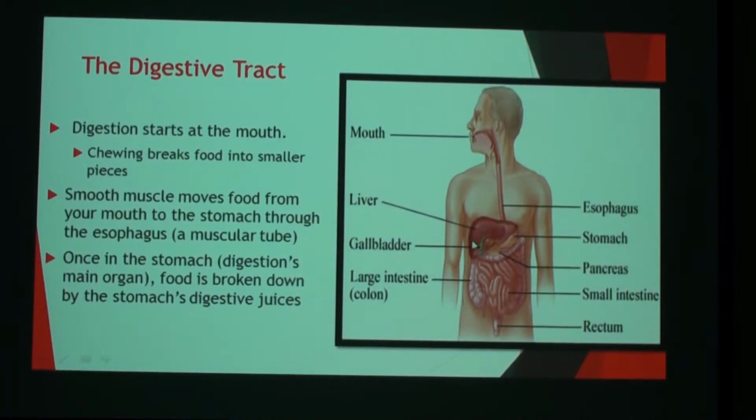Once in the stomach, which is our main digestion organ, the food is broken down even more by our digestive juices, which are acids.